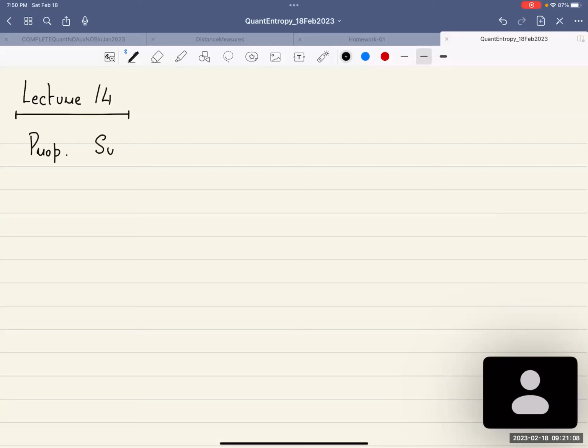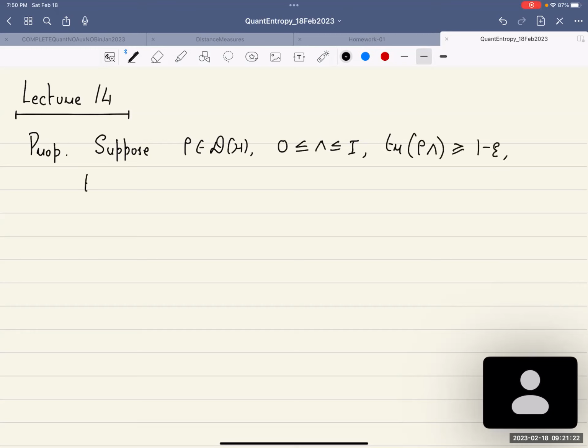Suppose rho belongs to D of H, 0 less than lambda less than I, and trace of rho lambda is greater than or equal to 1 minus epsilon. Then the norm of root lambda rho root lambda divided by trace lambda rho, minus rho, is at most 2 root epsilon.